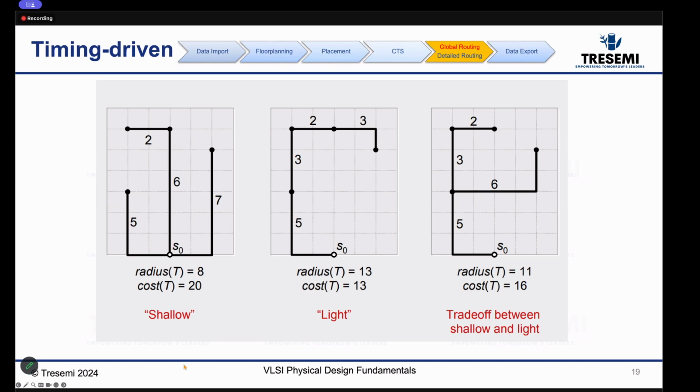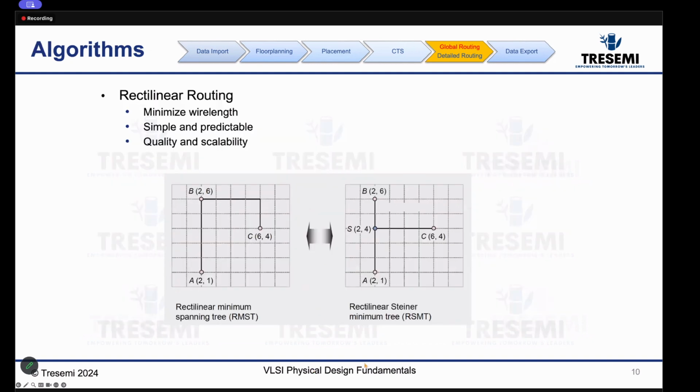Okay. So actually, let me move my slide to here. We did talk about the importance of having the minimum Steiner tree, right? Essentially minimize the wire length. But when you run the timing driven routing, the minimum wire length may not be the optimum net for all the critical paths, right?